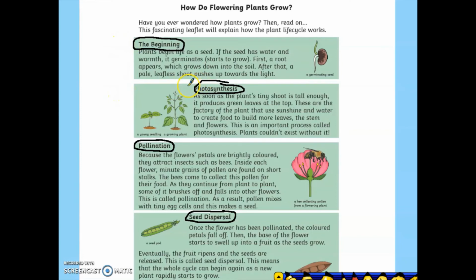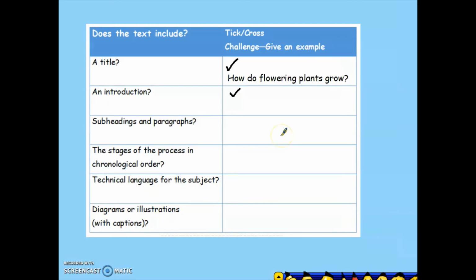The next step would be photosynthesis, pollination, and then finally seed dispersal. Chronological order just means in the correct order for time. So again, tick or cross and explain why for a challenge.